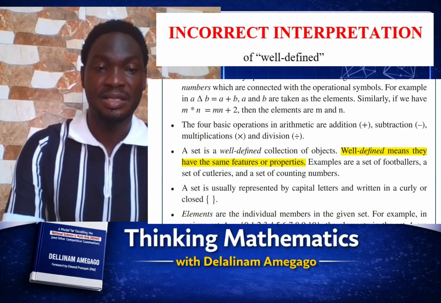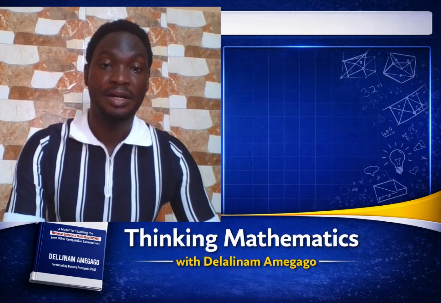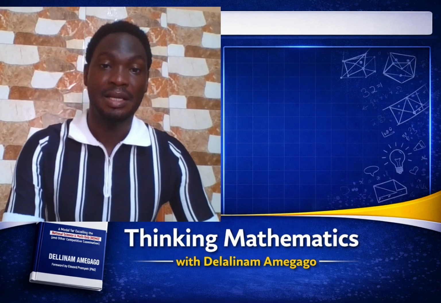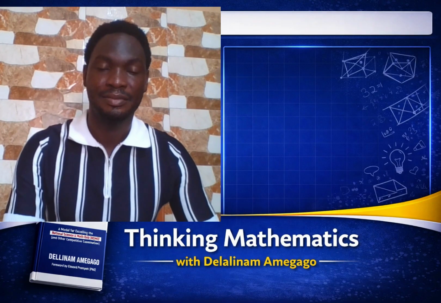That phrase means that the definition or the description of the set must be unambiguous, so that given any object, one can tell whether it belongs to the set or not. So the phrase well-defined means what it says. It doesn't mean anything strange.